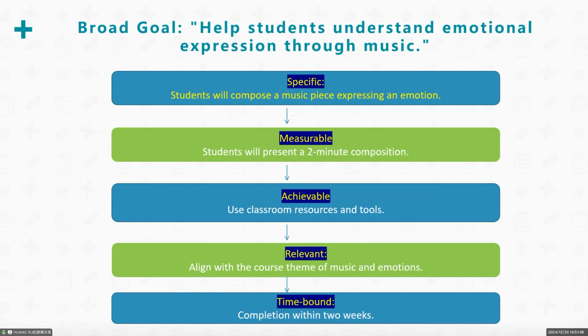The second, students will present a 2-minute composition. Next, use classroom resources and tools. The next one is in line with the course theme of music and emotions. The last one, time-bound, is completion within 2 weeks. These are all the steps of the SMART principle.